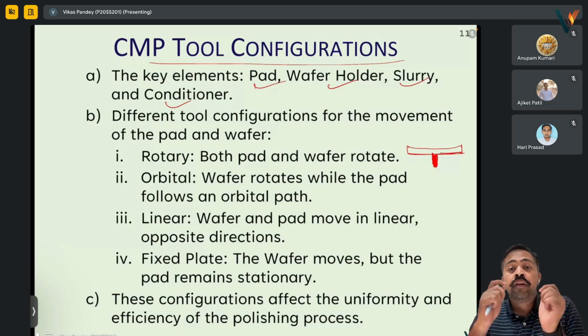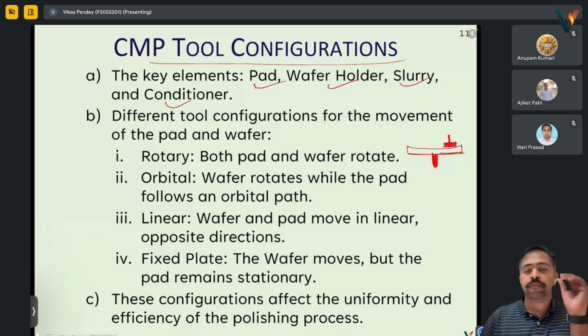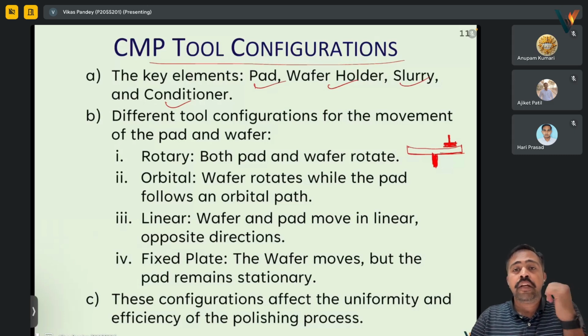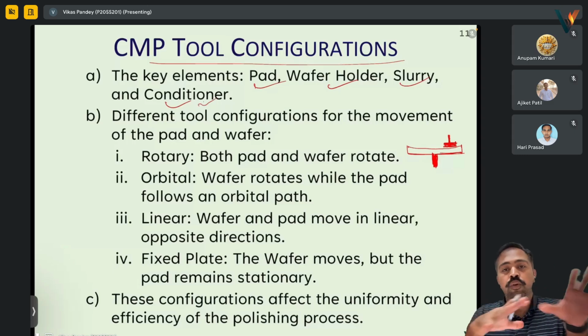Then the pad, and below it the adsorbent material. This whole thing we are calling the pad. Then the slurry, what kind of slurry or chemical we are using, and the conditioner that will keep this whole process running.